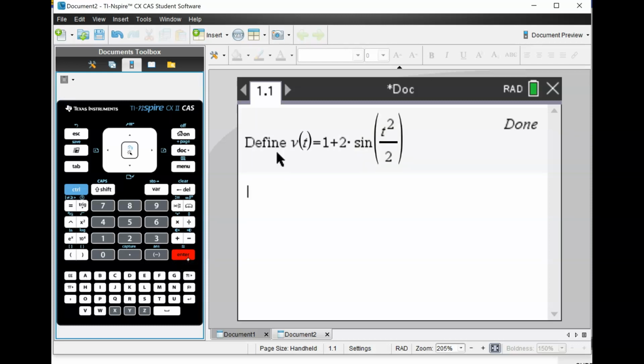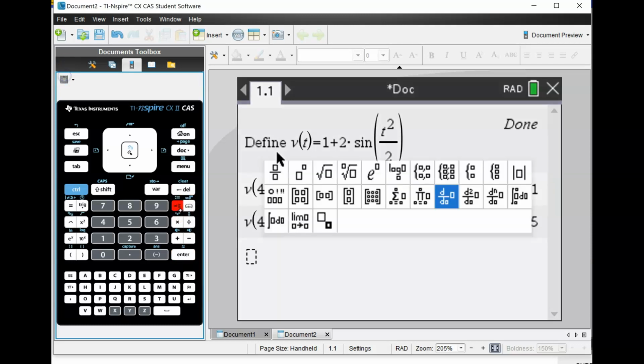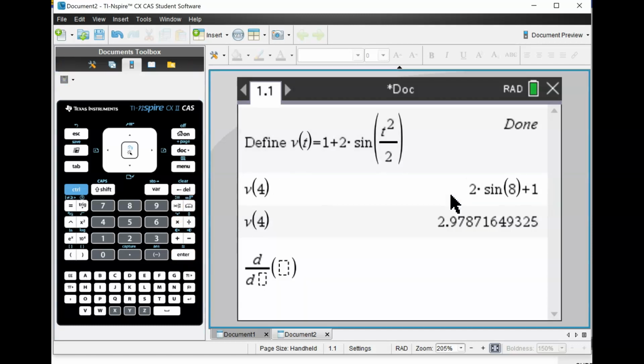So now I want to evaluate v at 4. So v at 4 is 2.9787, and I also need the acceleration. The acceleration is the derivative of velocity, so let's use our derivative function here from the menu.